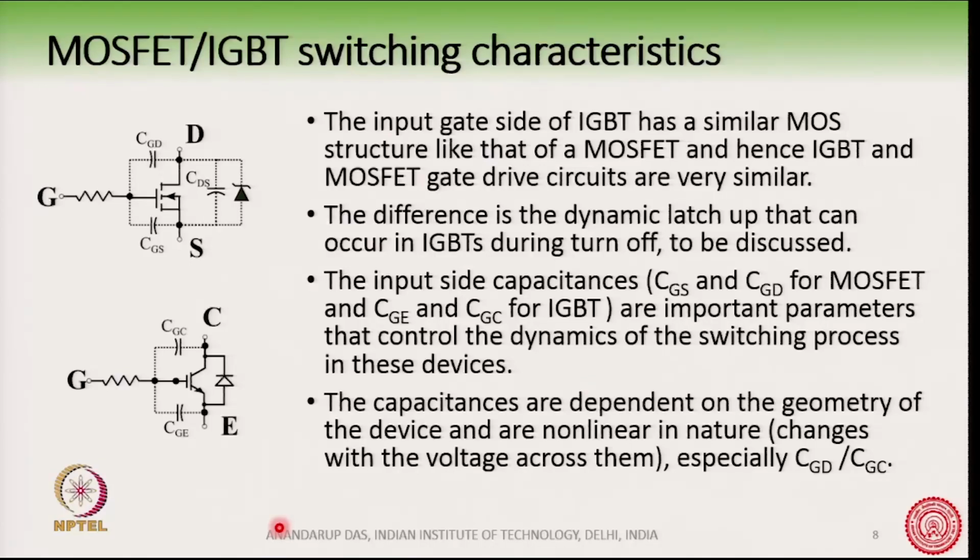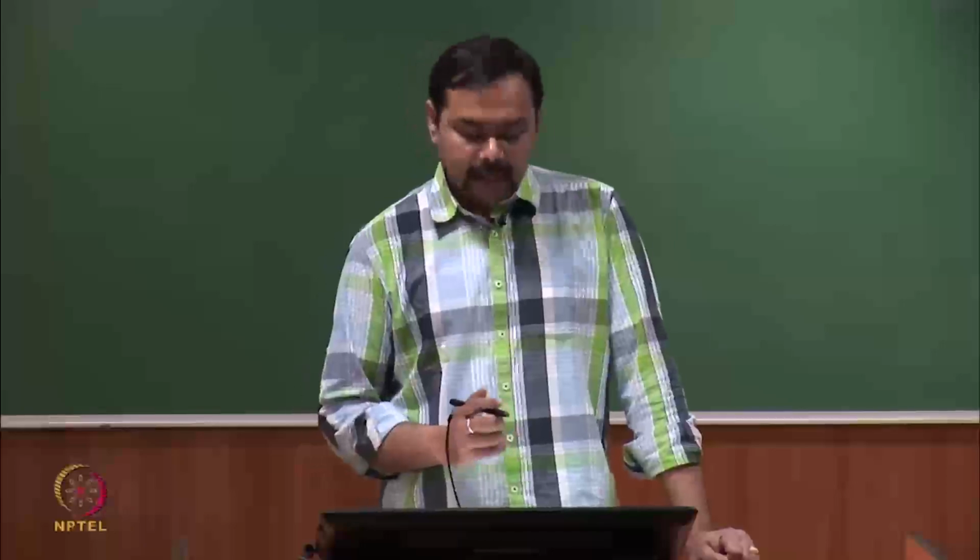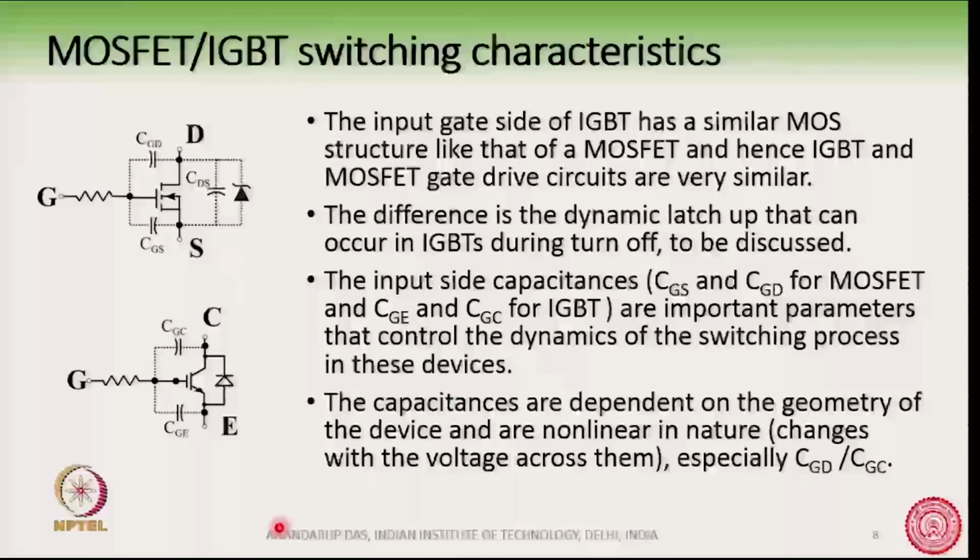From the circuit point of view, without going into the physics of operation of these devices, these capacitors are the most important components. The way we charge them or discharge them, how fast we charge them, how fast we discharge them, the whole switching characteristics of the device is dependent on that.